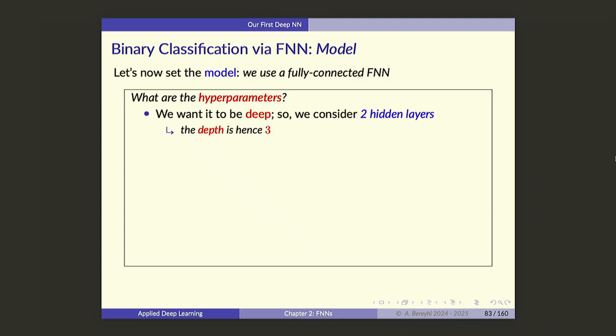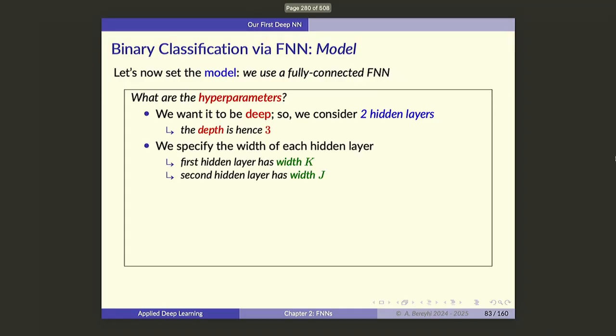So I'm going to take depth 3, 2 hidden layers. This is one hyperparameter, right? Then what is next? What do I need to specify in this neural network to be able to implement it? The number of neurons in every single hidden layer. So the width, say I put K to be the width of the first layer, J to be the width of the second hidden layer.